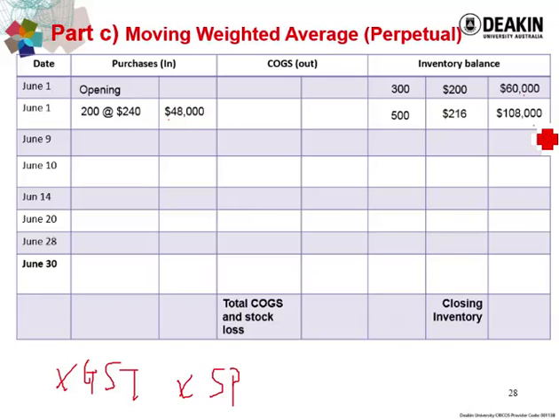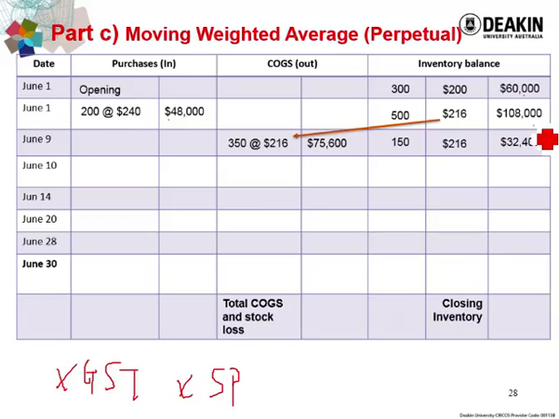Then, on 9th of June, 350 units are sold at the most recent average unit cost, which is 216. And we will also calculate the balance 150 units with this most recent unit cost at 216.